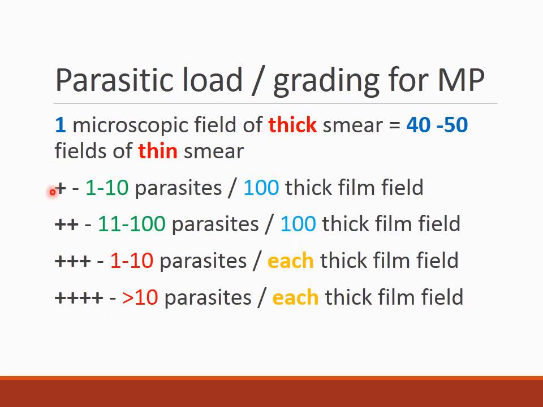The gradings are given as such: 1 plus, 1 to 10 parasites per 100 thick film fields; 2 plus, 11 to 100 parasites per 100 thick film fields; 3 plus, 1 to 10 parasites per each thick film field; and 4 plus if more than 10 parasites per each thick film field. According to this, the gradings will be given for the parasitic load.